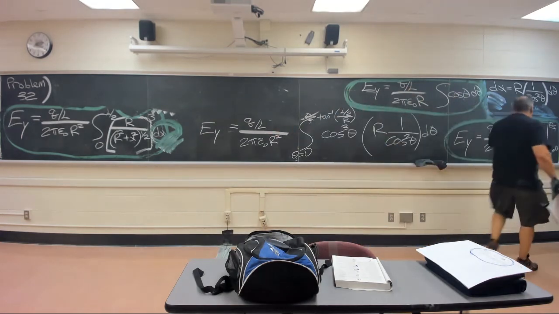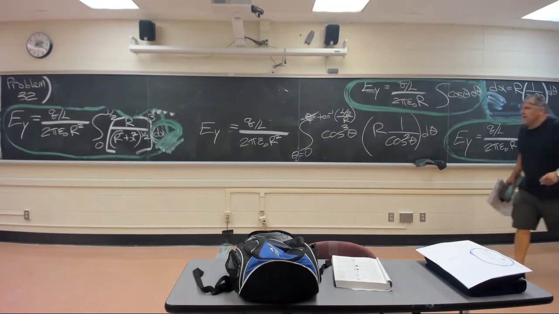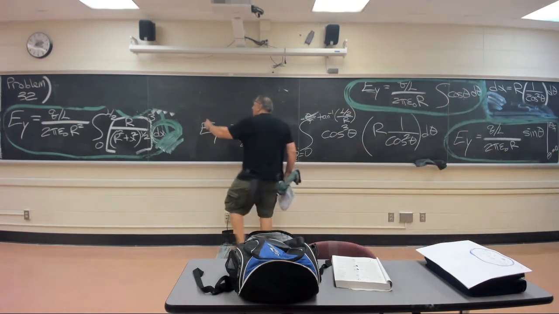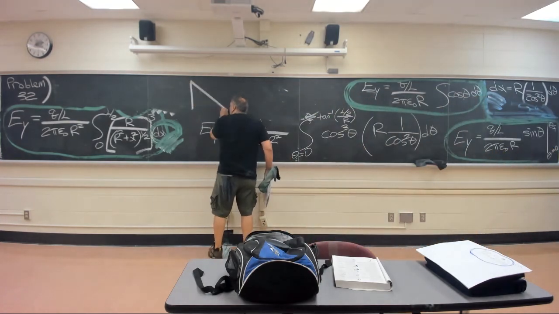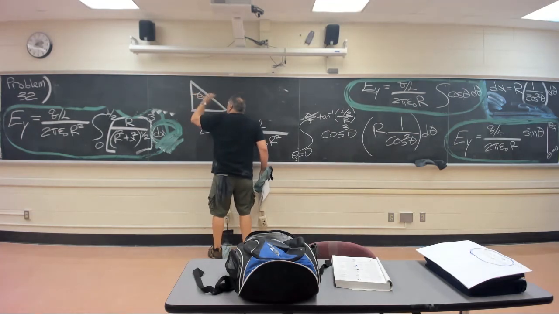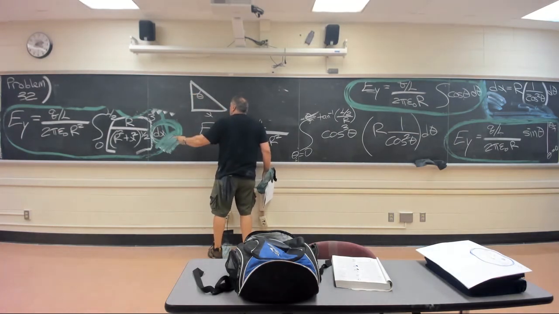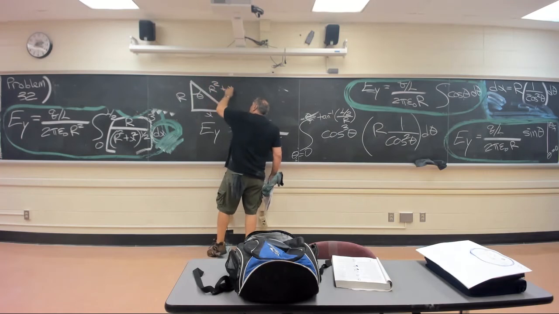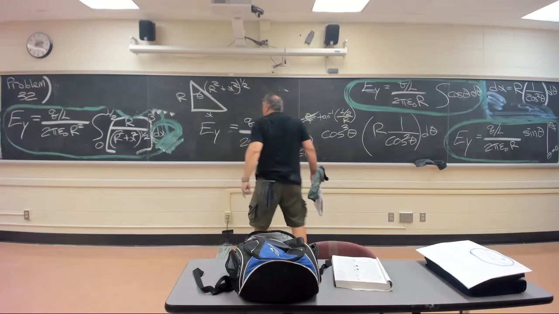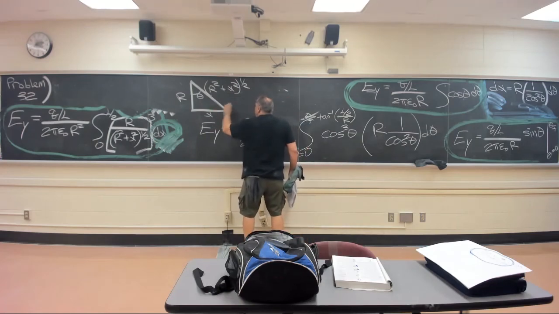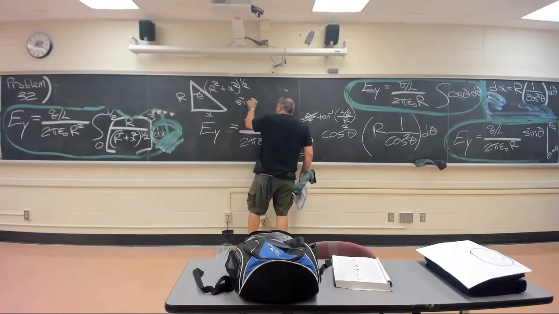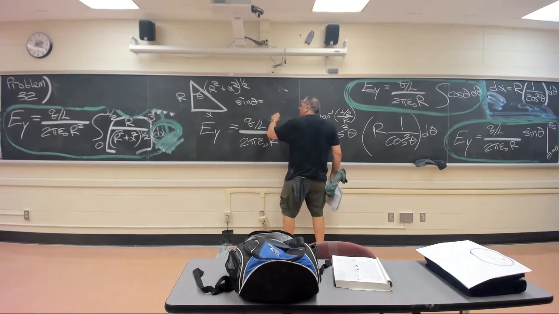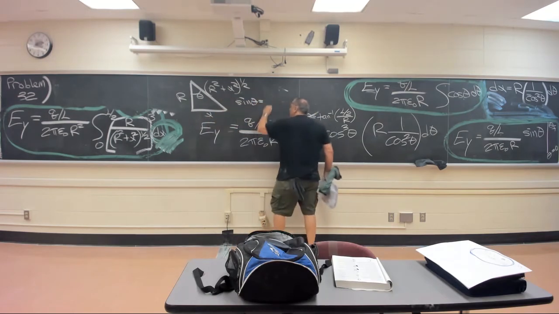Well, what is the sine theta? The sine of theta, if this is R, and this is the square root of that, or to the 1/2, however you want to write it, what's the sine of theta? For the record, the sine of theta is opposite over hypotenuse.